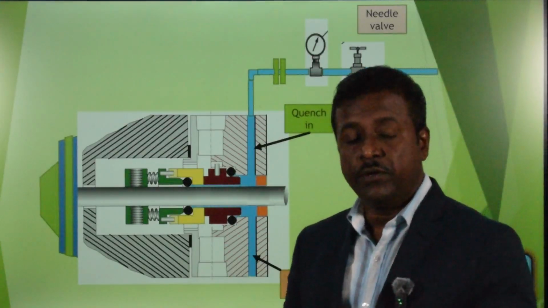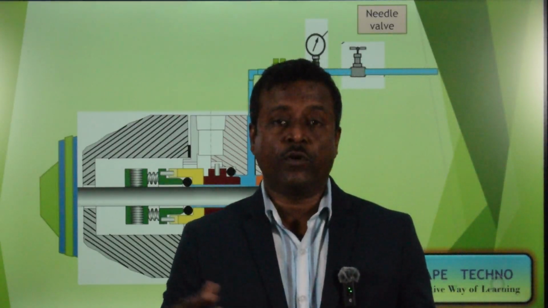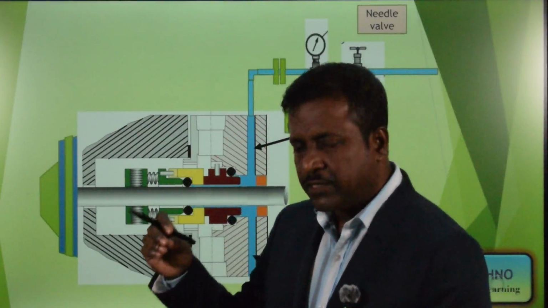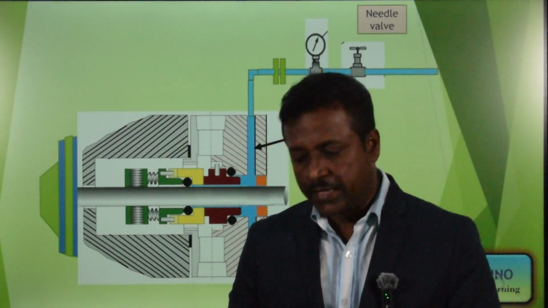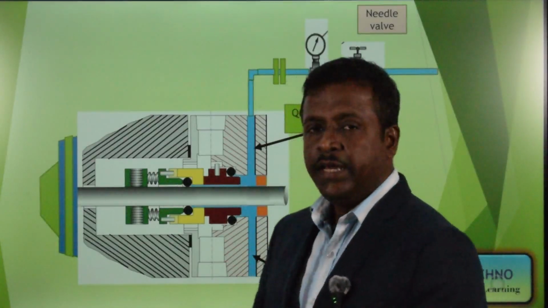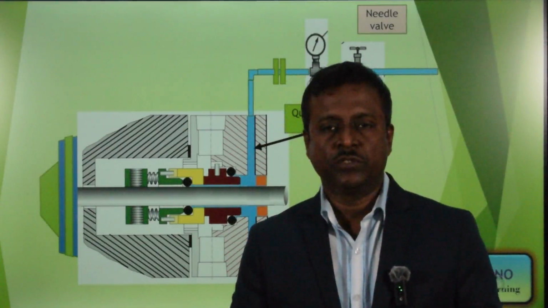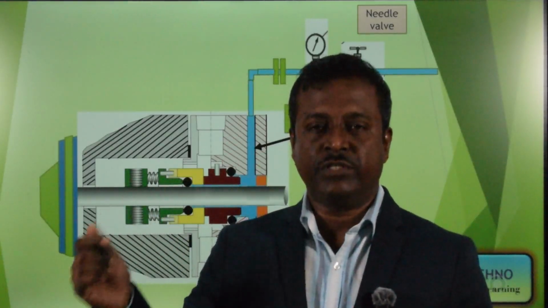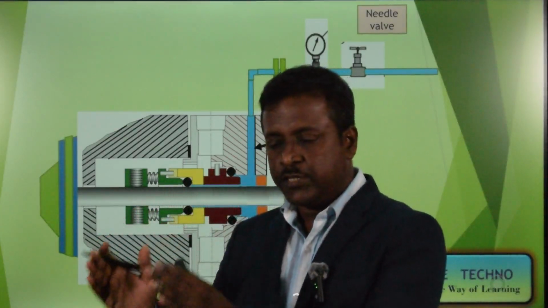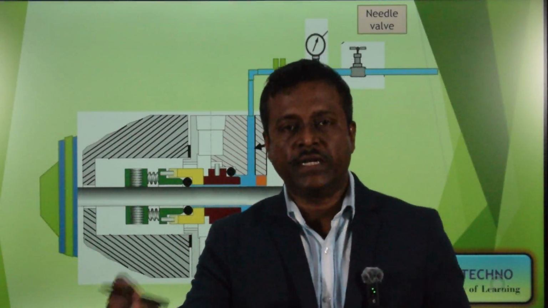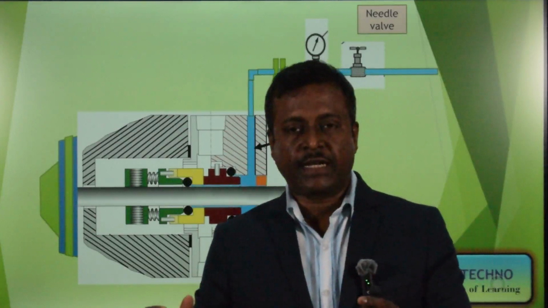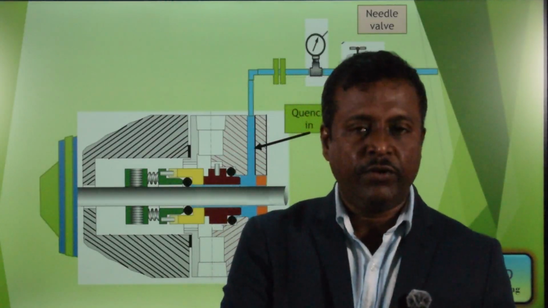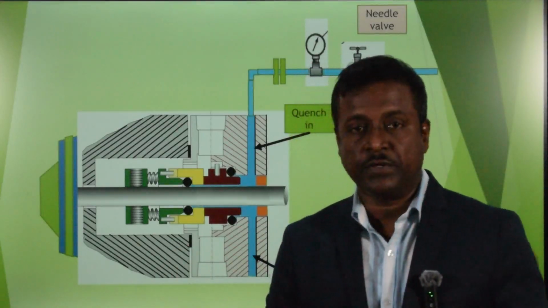Whether you use steam, water or nitrogen depends upon the nature of the handling liquid. If it is a hot hydrocarbon, we should use quenching steam. If it is a caustic handling pump, then as a 62 flushing plan, we provide DM water over there. If it is a cryogenic fluid, then we provide nitrogen over there.